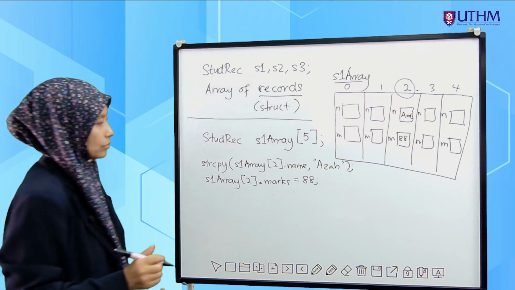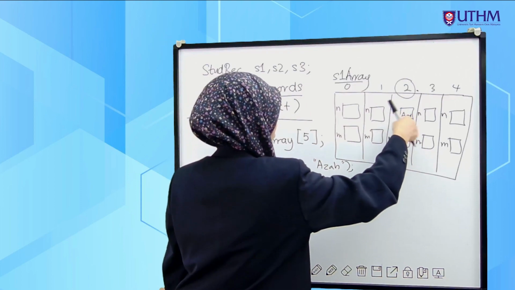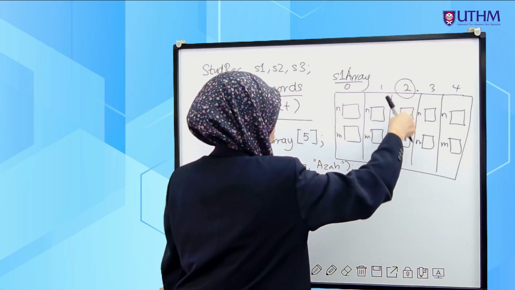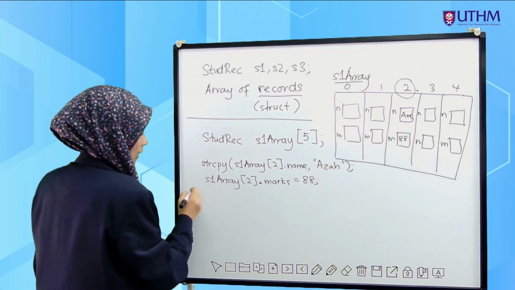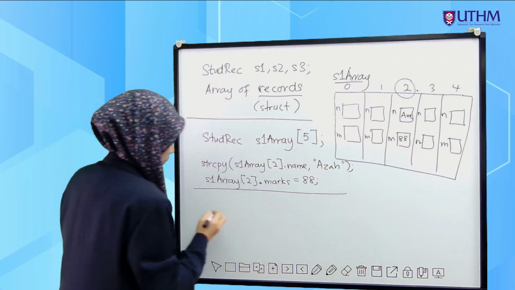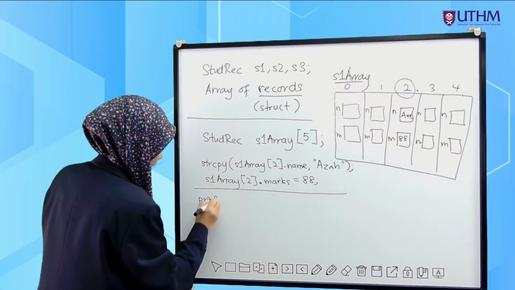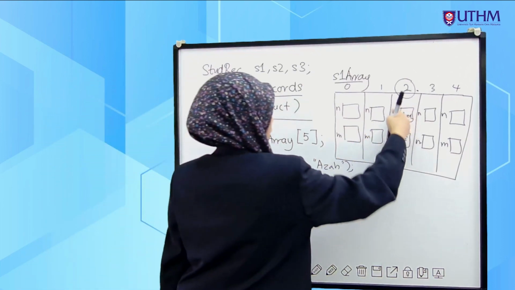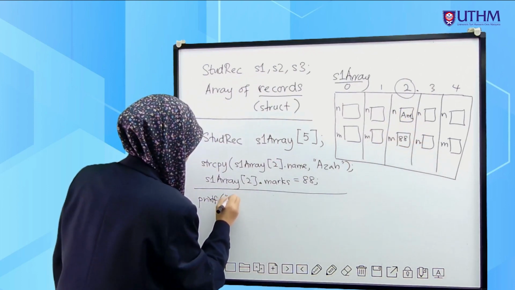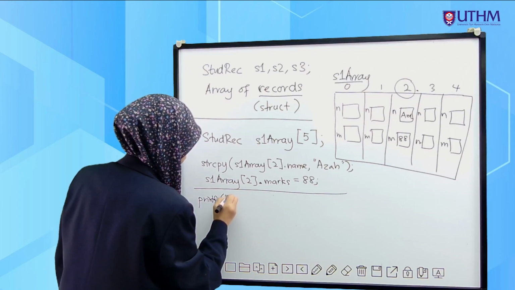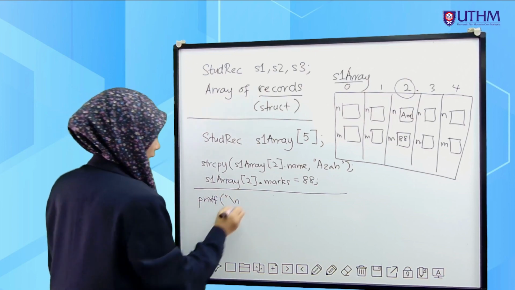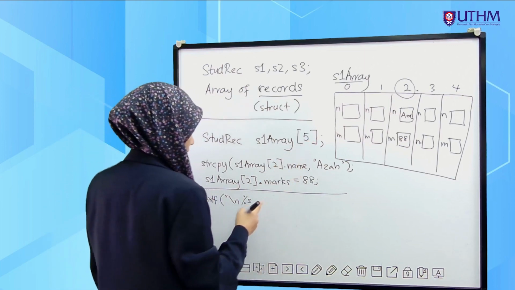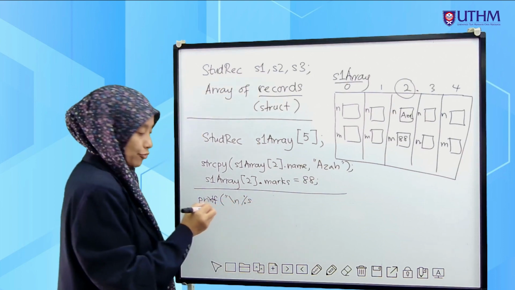Now, let's say I want to display the output from what I have at index 2. To display the output, I need to use the printf statement. For name, the value is %s. Let me display the output on a new line, \n. %s refers to the data type, that is an array of characters or string.